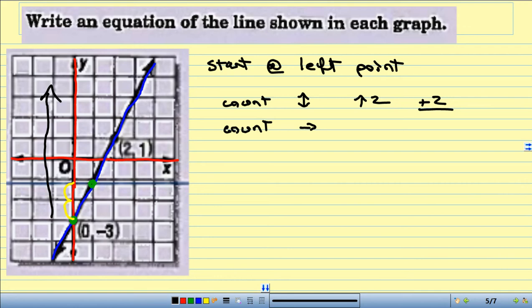And now I'm going to count how many moves to the right. 1. So I went right 1. Well, that's in the positive x direction. So I'm going plus 1. That gives us my slope. In this case, when I simplify it, it's 2 over 1, which is just 2.